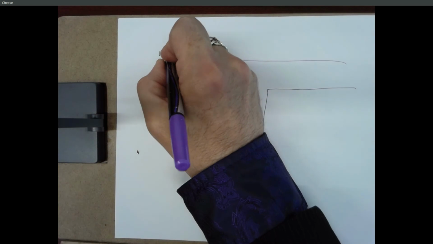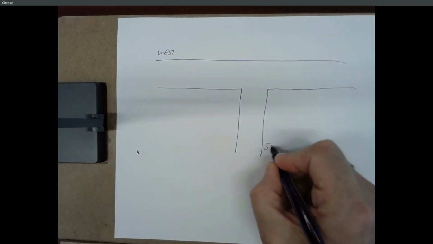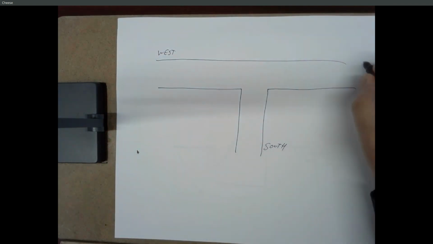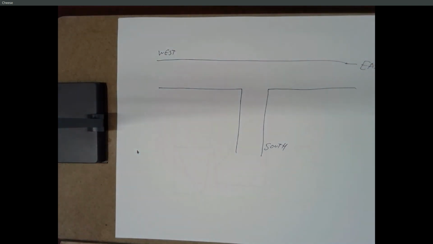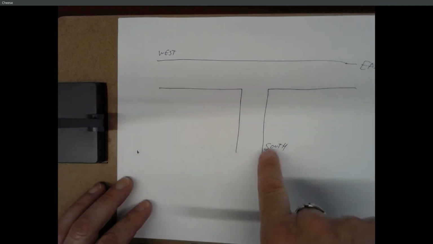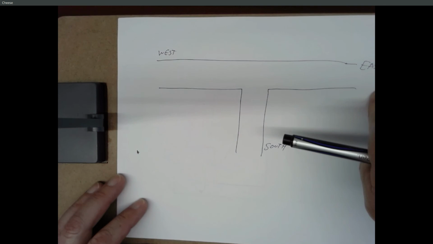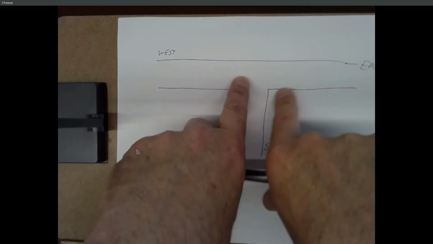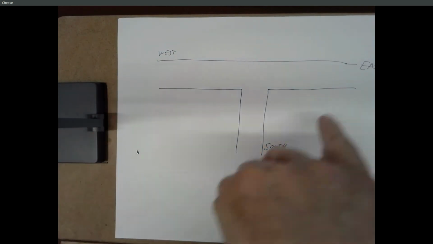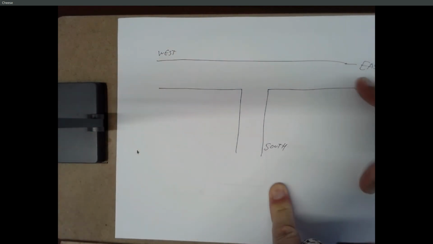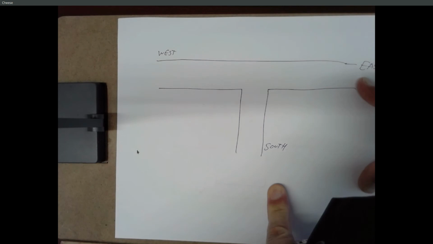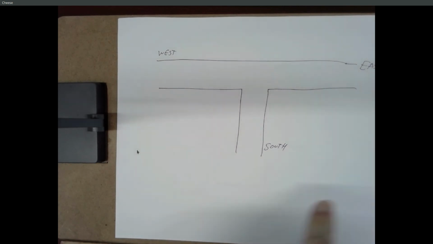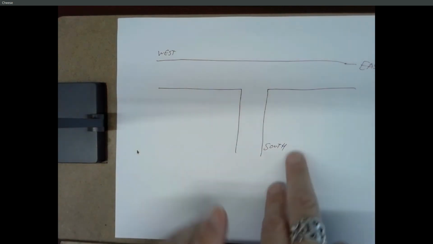So this is west, or W, this is south, or S, and this is east, or E. And this is going to work a whole lot better than identifying these as like 1, 2, 3, or A, B, C, because that's really ambiguous. And anytime we talk about this in class, I'm going to draw my intersection like this. This is going to be west, south, and east. So if you want to take the work you're doing and somehow correlate it to what we're discussing in class, you probably want to use these labels, this orientation.